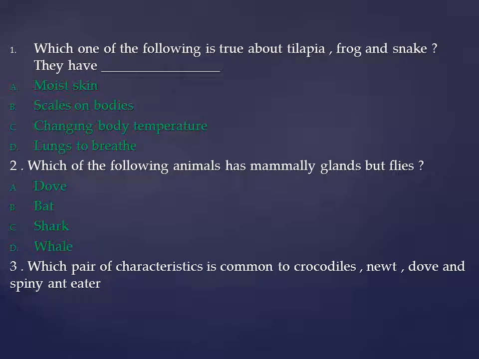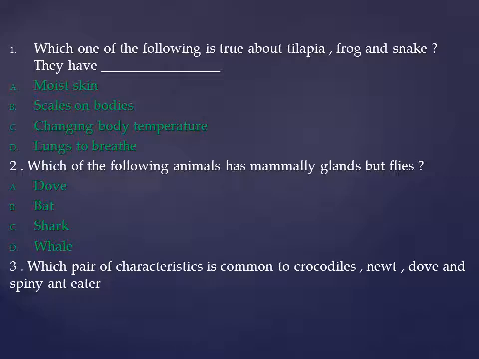Point number 4, reptiles breathe through lungs and not gills. Last point, fish, reptiles, and amphibians are all cold-blooded. Their body temperature varies with that of the environment or surrounding.